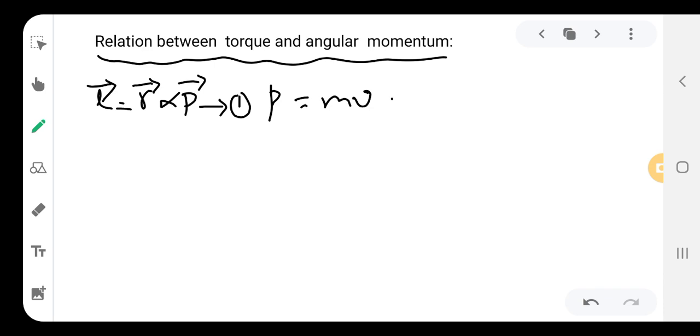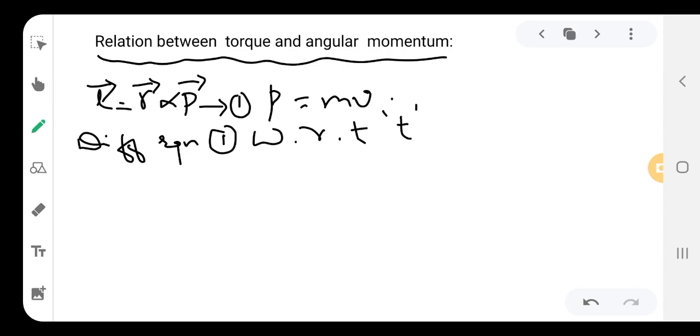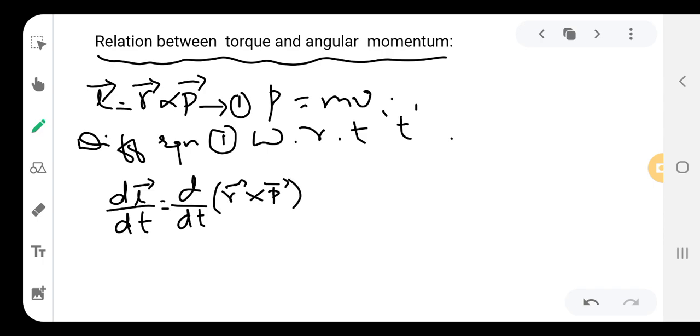Now what we have to do is differentiate equation 1 with respect to t, or time. Right? So therefore we will see here dL vector by dt equals d by dt of r cross p vector.